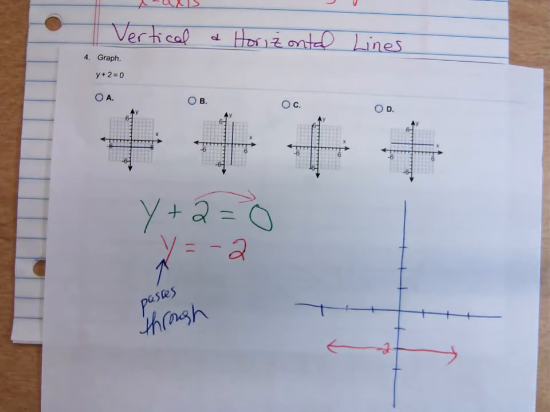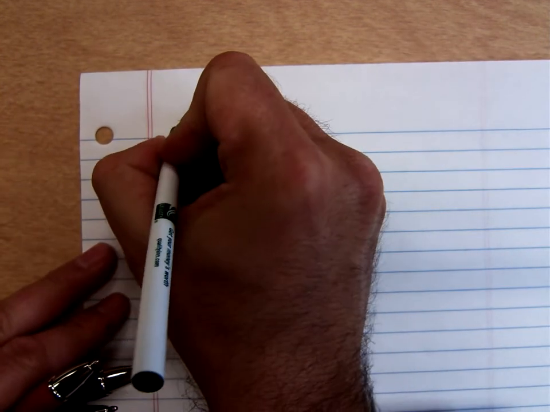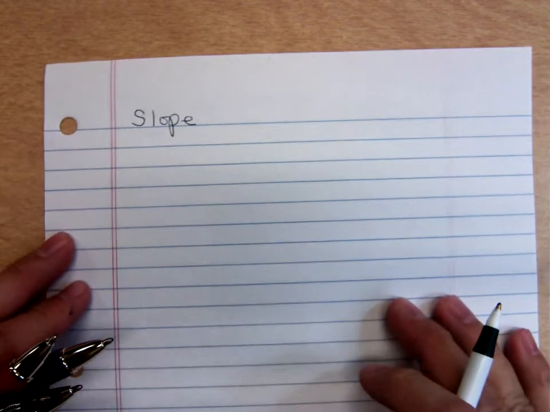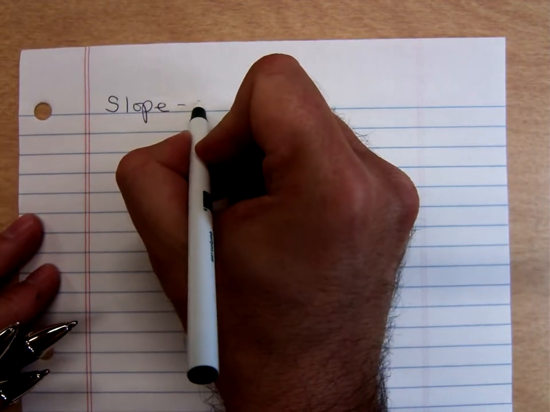Now we're going to discuss something called the slope of a line. The slope of a line measures the steepness of the line.